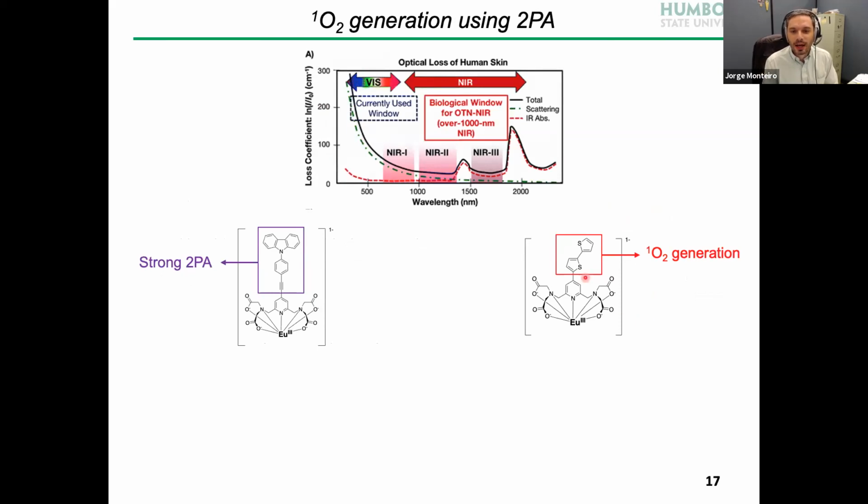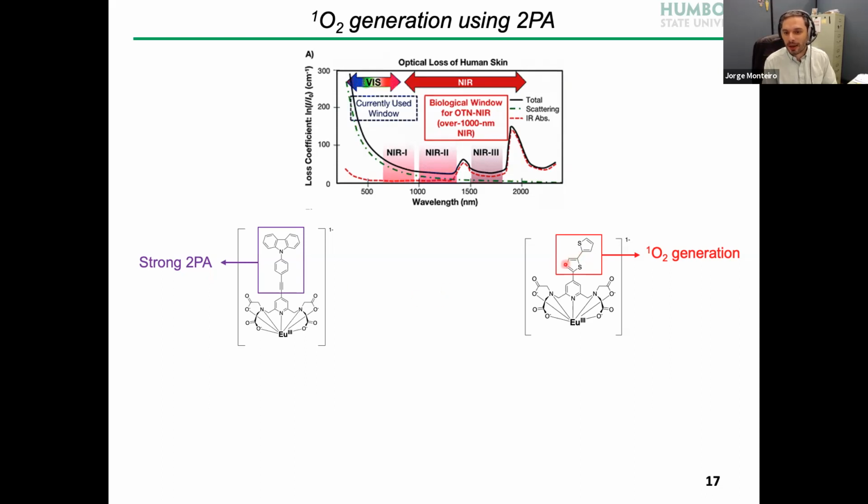What was the idea here? Again, always looking at the biological window. We know that this carbazole moiety has a very strong two-photon absorption. However, it cannot generate singlet oxygen.